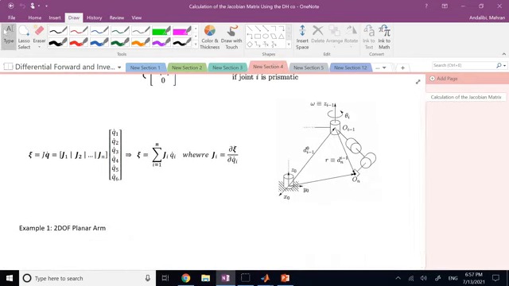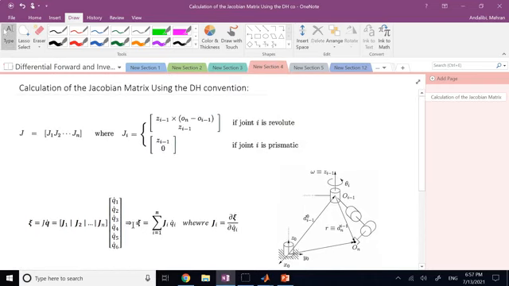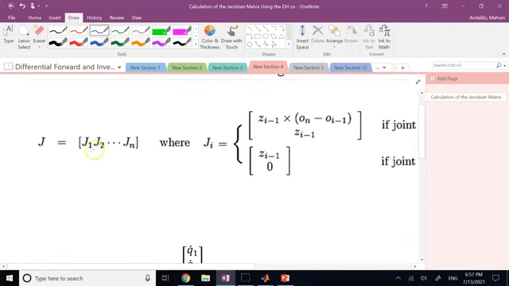So now this is how we go about the Jacobian determination based on the DH method. This J matrix that we have, we consider it to be n columns. Remember, the dimension of this guy was 6 by n, which means there are n columns. Each one of the columns is a 6 by 1. So each one of these j's that you see here is a 6 by 1 vector.